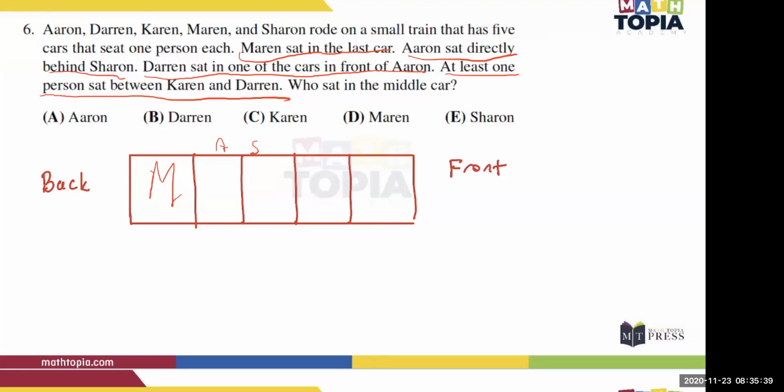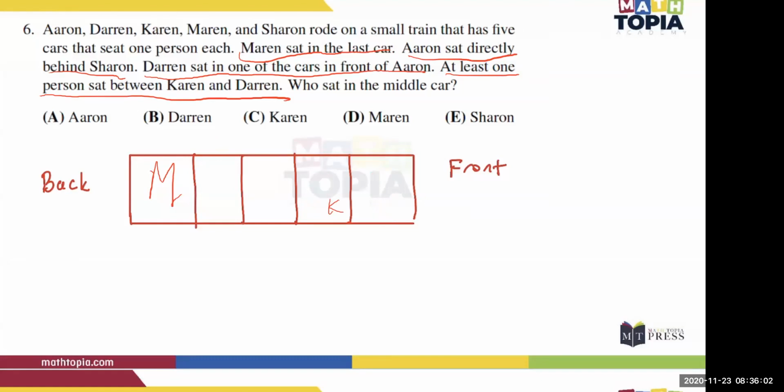Say we have Aaron over here. Well, Darren would sit in front of Aaron. Darren could sit here or here, and then Karen would sit in the other one. But these two possibilities do not work because Karen and Darren are right next to each other. So Aaron and Sharon cannot sit here.